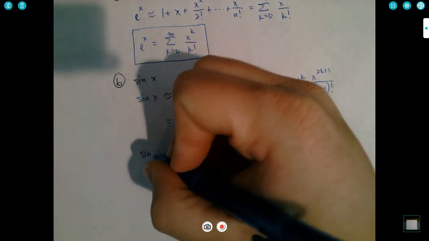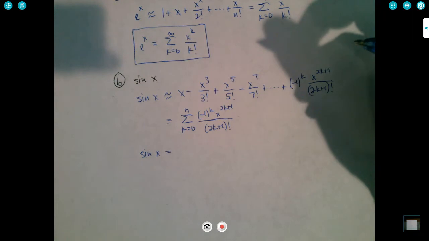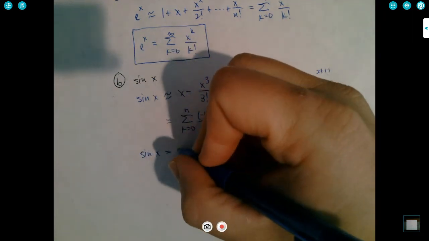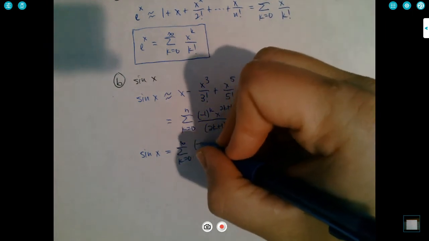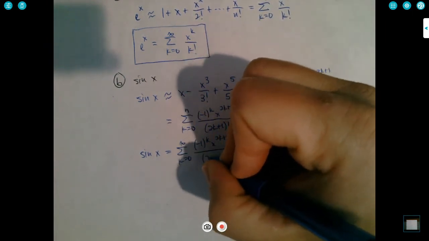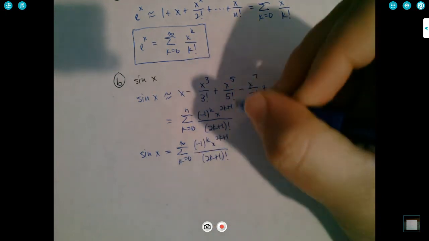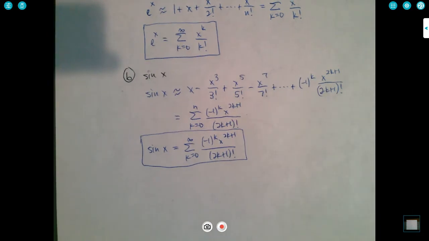So the Maclaurin series is, for certain values of x, sine x equals the sum from k equals 0 to infinity of negative 1 to the k x to the 2k plus 1 over (2k plus 1) factorial.